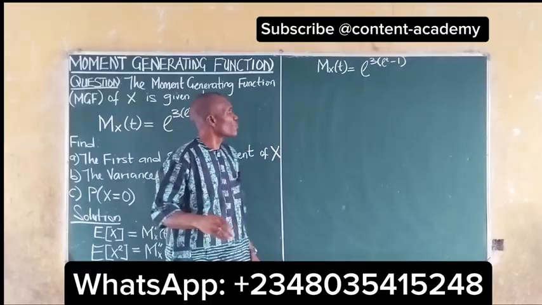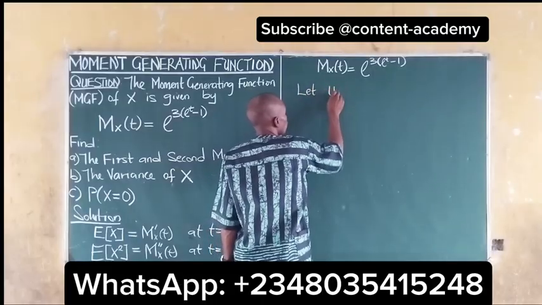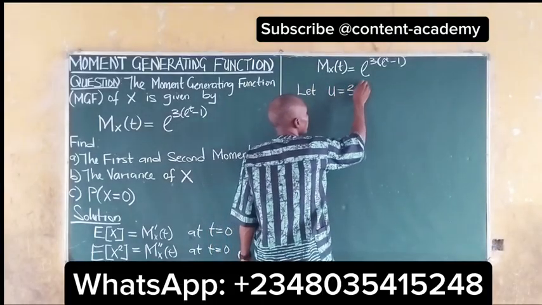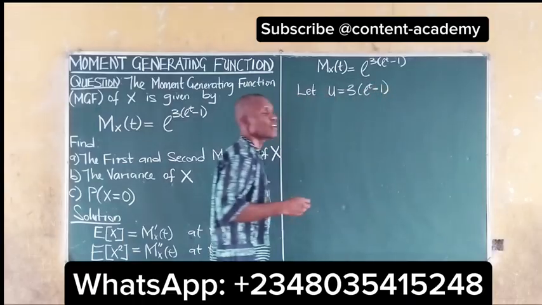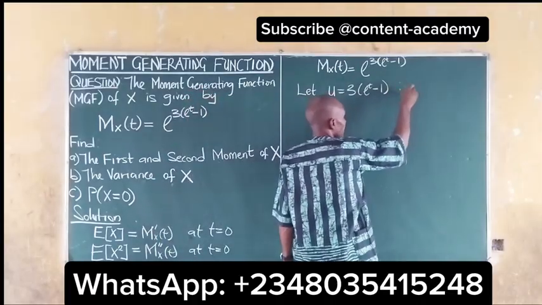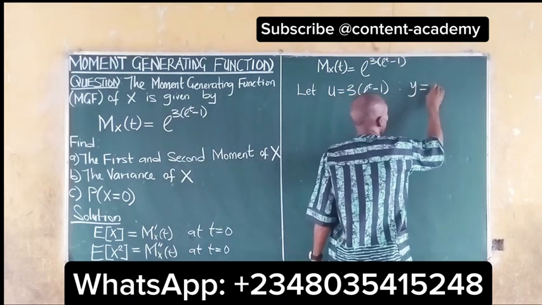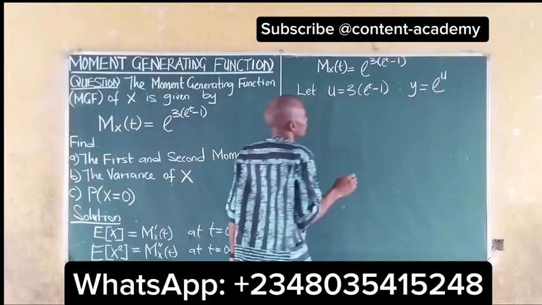What do we need to do? The first thing we do is say let u be equal to 3(e^t minus 1), so that it will be very easy for us to differentiate. And y will now be equal to exponential raised to the power of u.